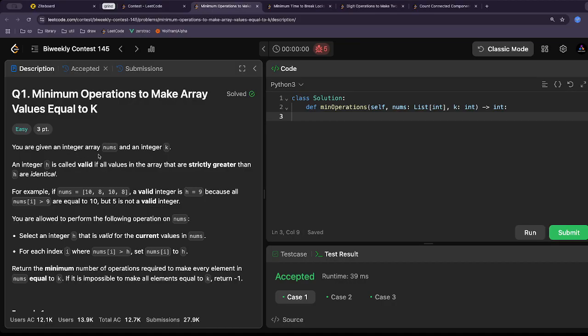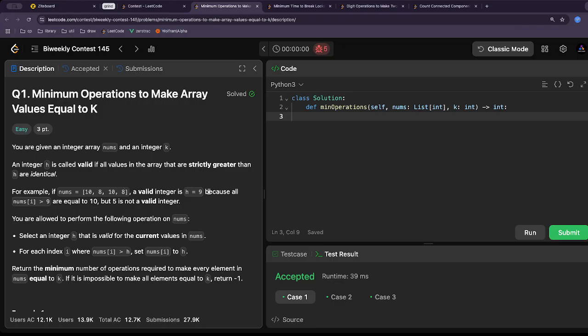Okay, so as the title says, there's an integer array nums and an integer k. First they say an integer h is called valid if all values in the array that are strictly greater than h are identical. So here we get a few examples. Here we have 10, 8, 10, 8.